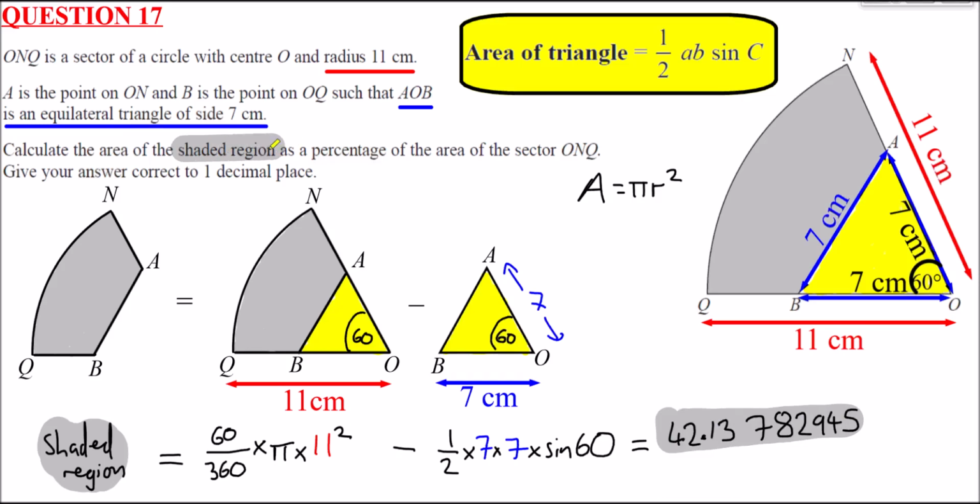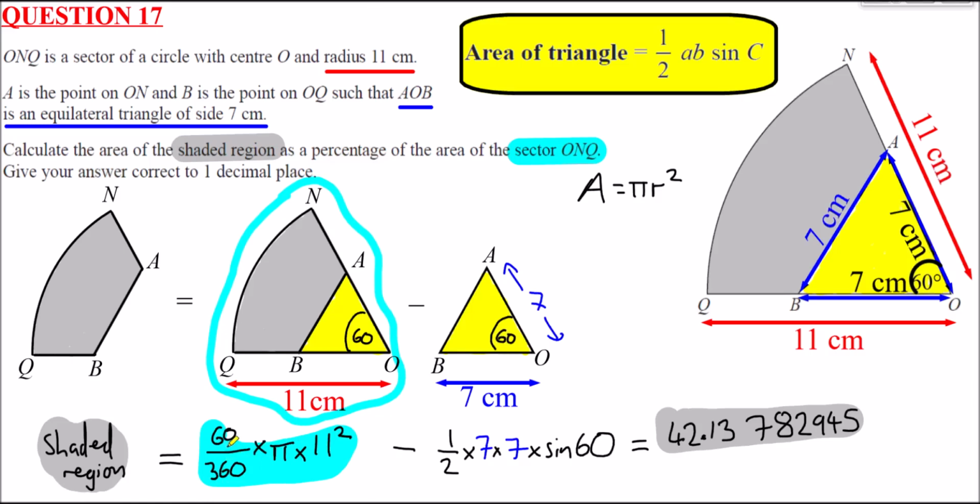But I want the shaded region as a percentage of the area of the sector ONQ. So the sector ONQ is actually the whole thing here, which is a calculation for the full area, is this.